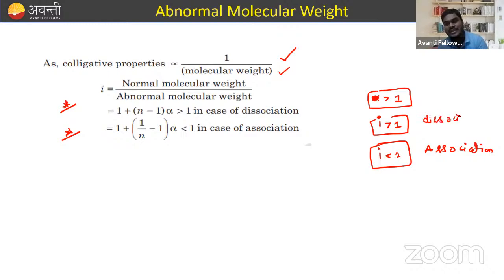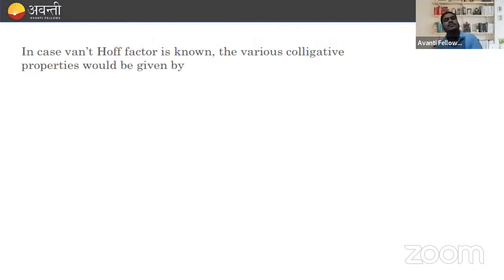So just try to remember this thing better, what is in case of dissociation and in association. I hope this is clear to you all. What is abnormal molecular weight and how i is related to molecular mass, right? Okay, very good. Now, in case the Van't Hoff factor is known, the various colligative properties would be given by.